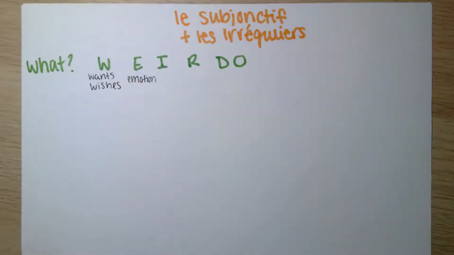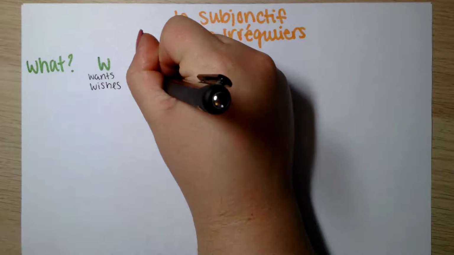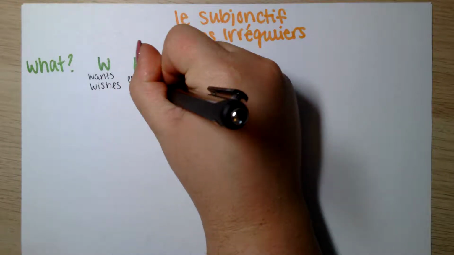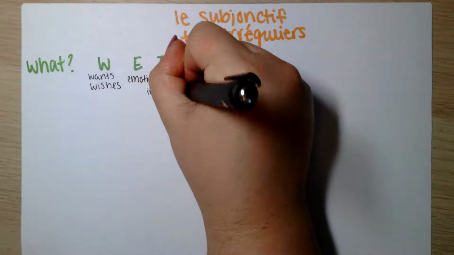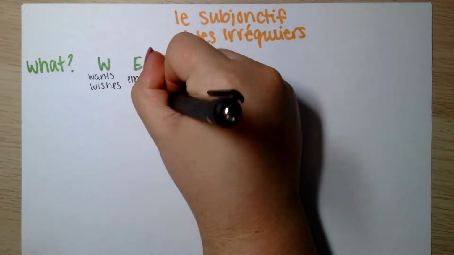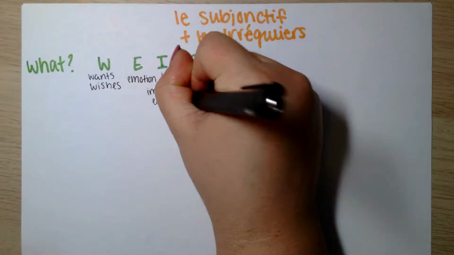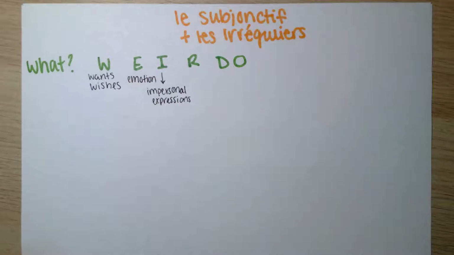I is used for impersonal expressions, so we're going to write impersonal expressions. R stands for requests, recommendations, and requirements.